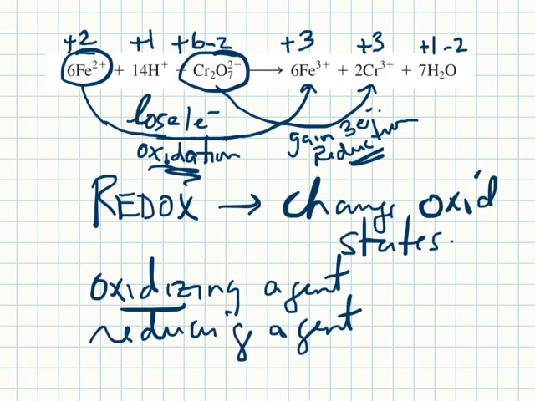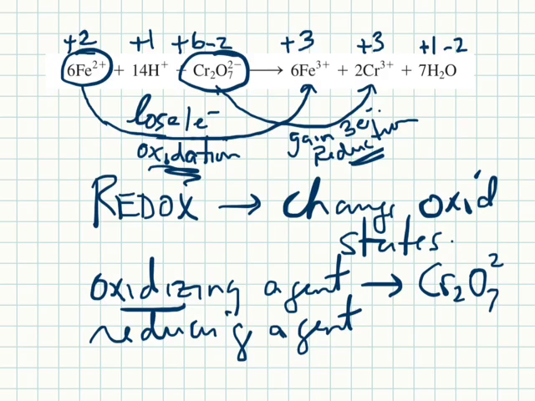Well, in this reaction, the Fe2+ is becoming oxidized, so why is that? What's causing it to become oxidized? Well, the answer is the dichromate. Dichromate is causing the Fe2+ to become oxidized. Therefore, we notice that the thing that gets reduced, the dichromate, is the oxidizing agent.